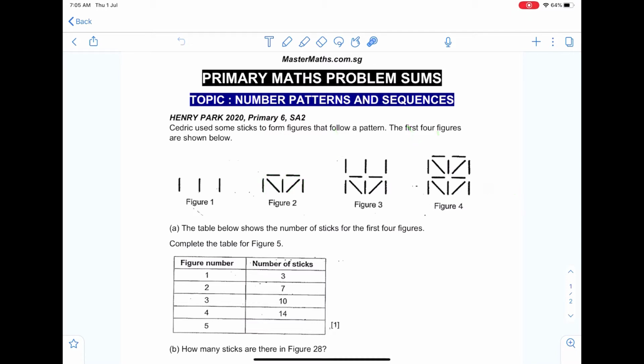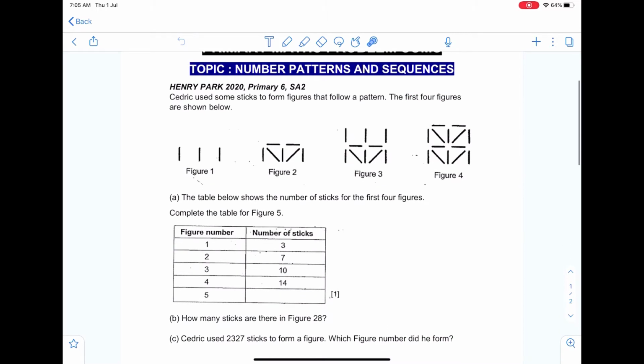Okay, so part A, the table below shows the number of sticks for the first 4 figures. Complete the table for figure 5. Now for such questions, it's best if we can focus on the table.